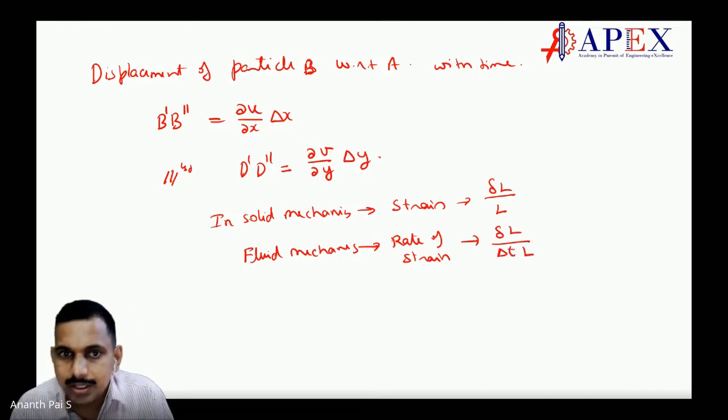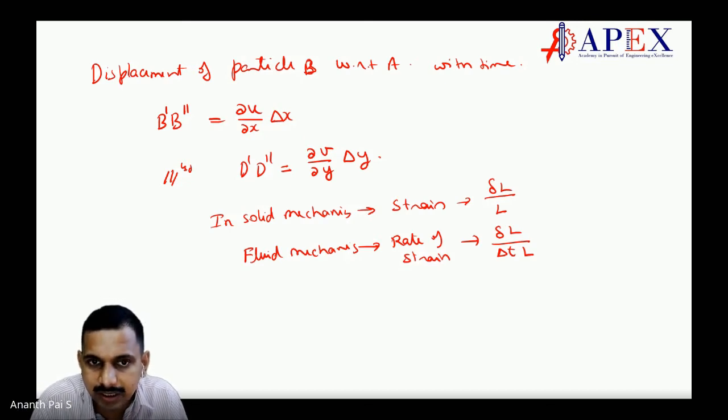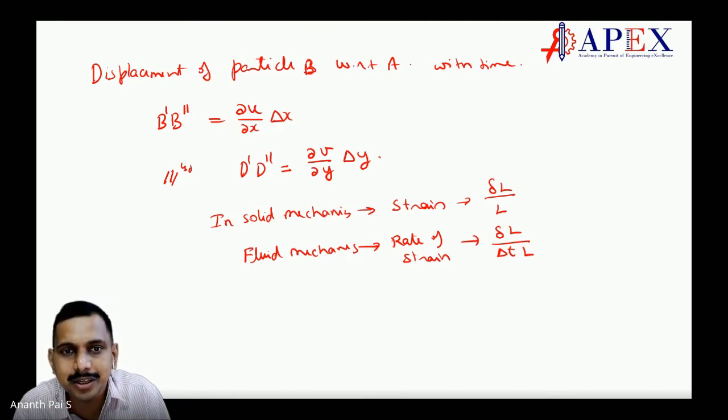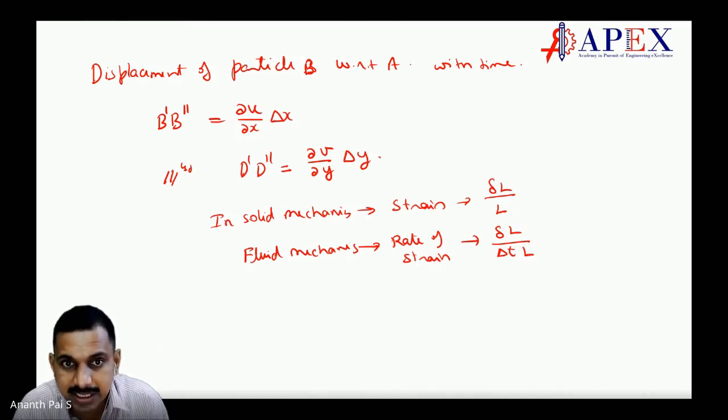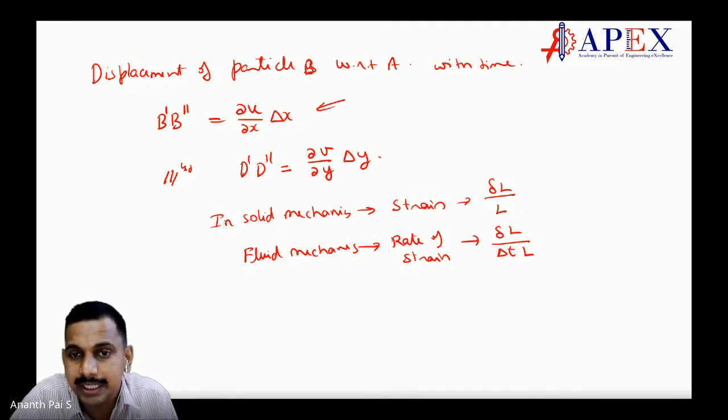So we have this strain here, delta U by delta X. That happens over a time, is it not? If I consider delta U by delta X divided by delta T into delta X, time is involved here.